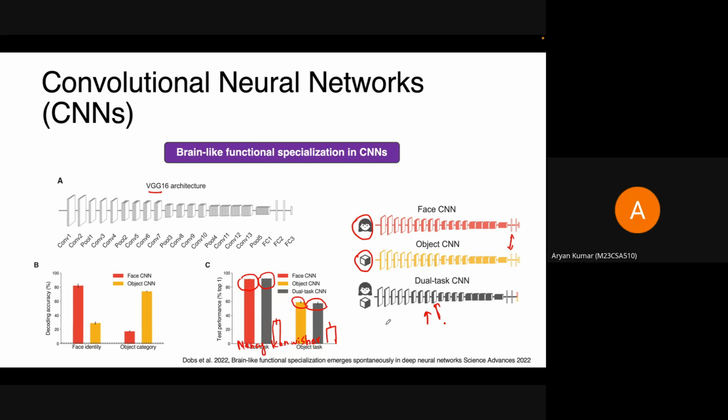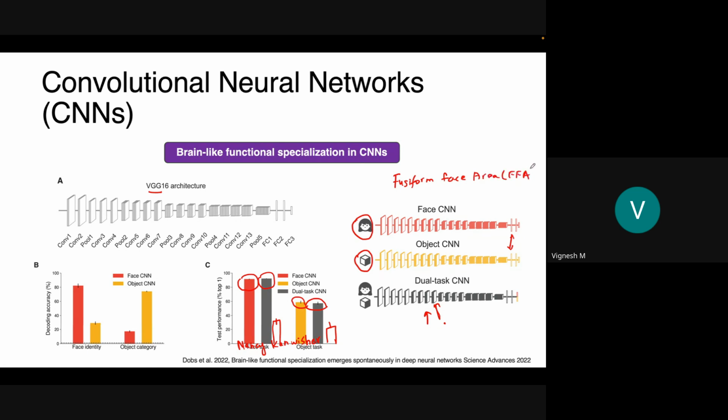Can this be extended to multiple types, or is it limited to only two types? They were interested in faces. Their lab does a lot of face processing. You may know that there is a brain area called the fusiform face area, and this lab studies this area very extensively.